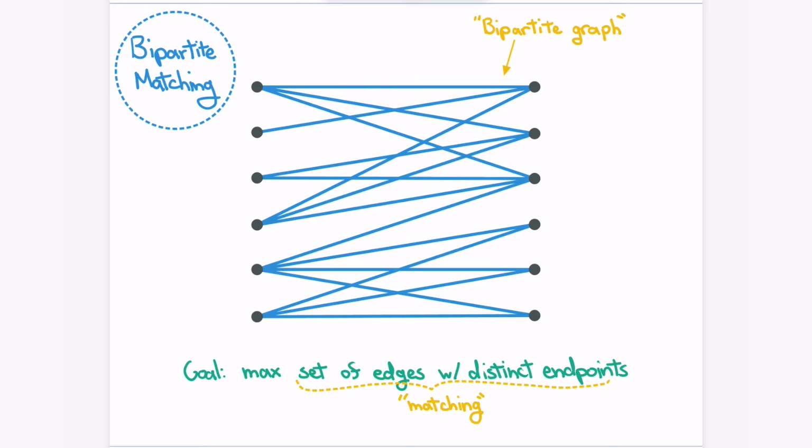Your goal is to take as many of these edges as possible so that the endpoints are distinct. You can only take one of the edges incident to this vertex, one of the edges incident to that vertex, and so forth. These edges can clash with each other, so it's non-trivial to get the maximum number. To make sure we're on the same page, what's the best matching you can find? In a minute.